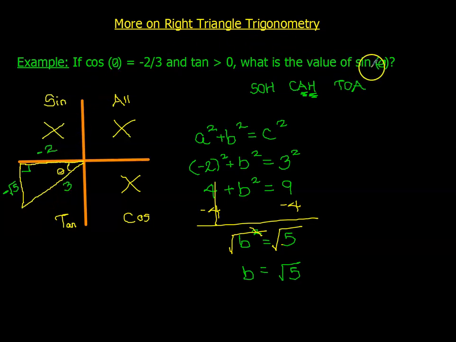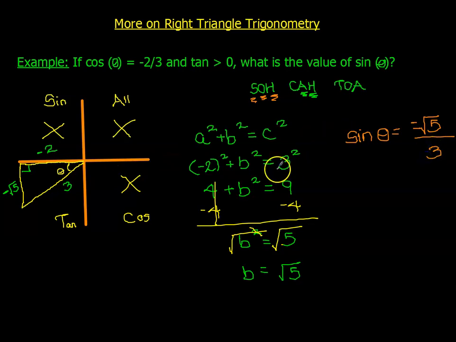So in this case, they're asking for the sine value. Once I have all three sides of the triangle, I could find any trig function that I want. So in this case, sine of theta equals opposite over hypotenuse. So opposite is negative square root of 5 over hypotenuse, which is 3.